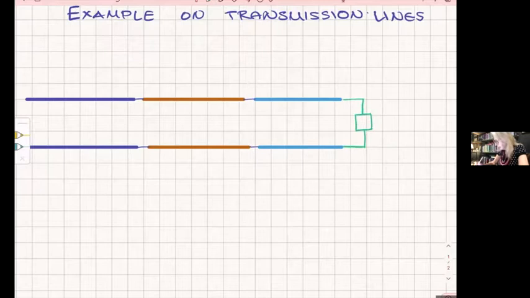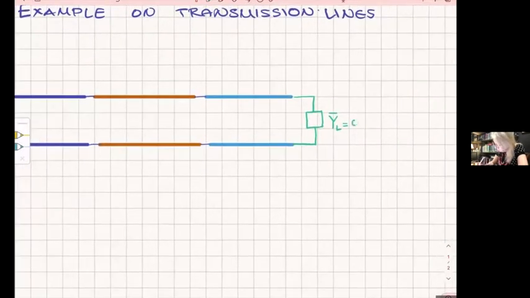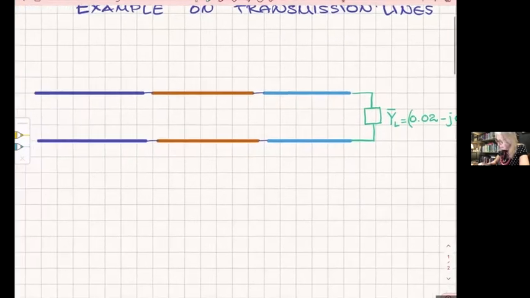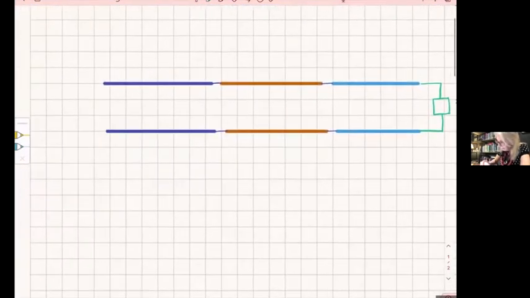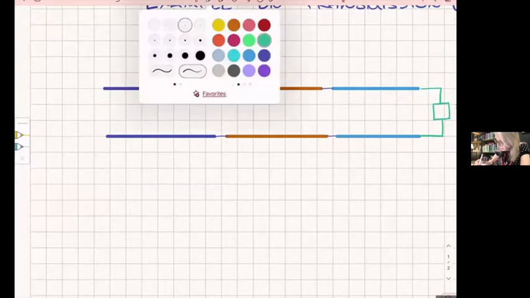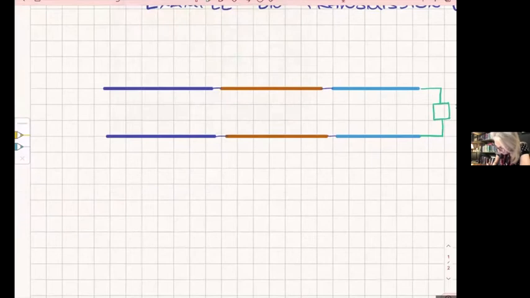Or complex admittance, I will give you an admittance in admittance form. And let's assume that this is 0.02 minus j 0.01. And these are in 1/ohm. All right, and then here I have a source, and it's an ideal source.